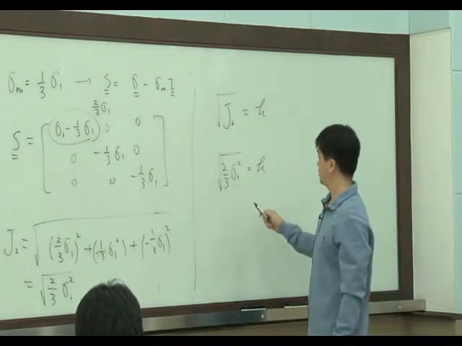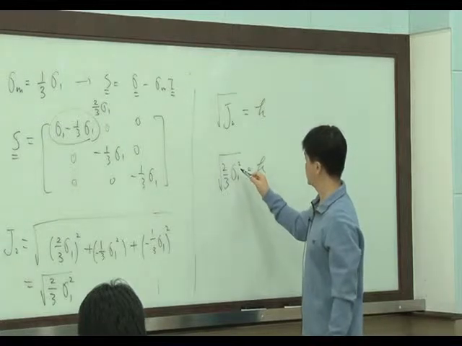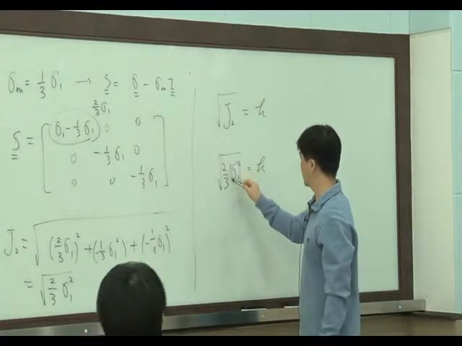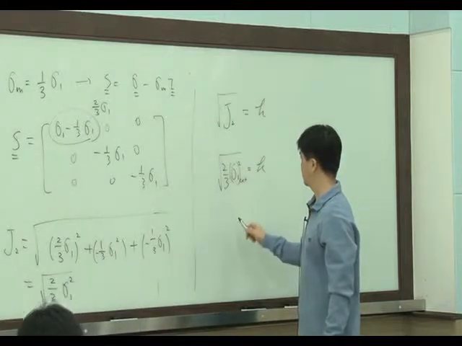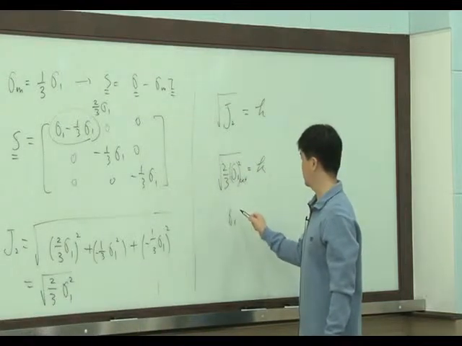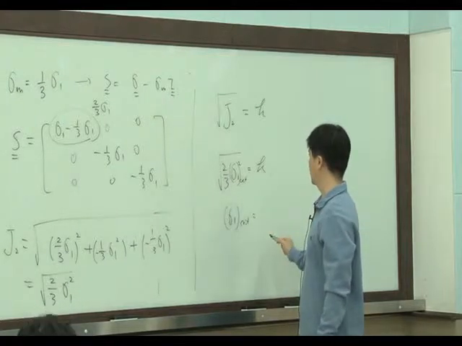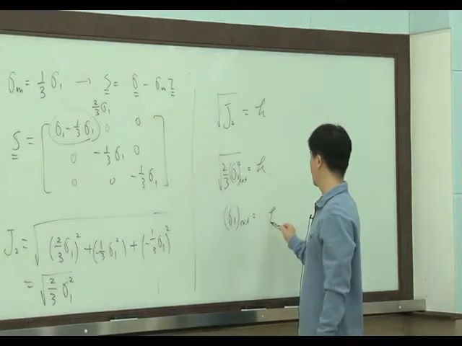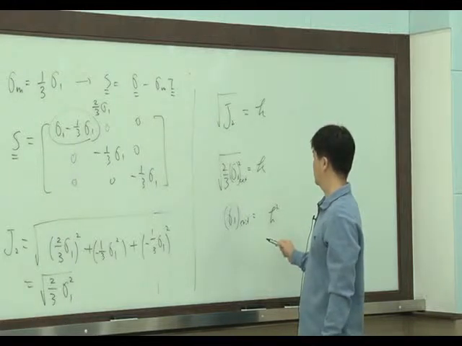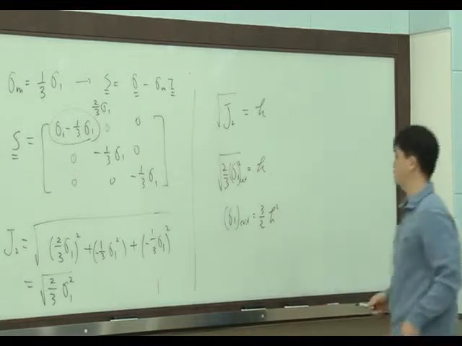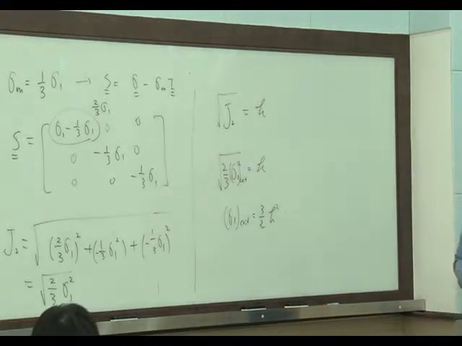So let's say this sigma 1 is critical. So sigma 1 critical will be K square root of 3, right? This is a critical load.